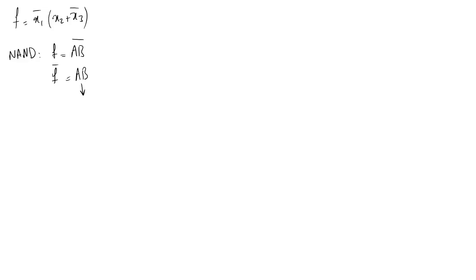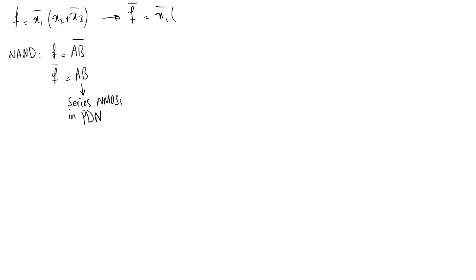And then this is a series of NMOSs in the pull-down network. That's how we built the PDN, the pull-down network, and that's how we built a NAND gate. Now, this means that first I have to do f bar. So f bar is going to be x1 bar.